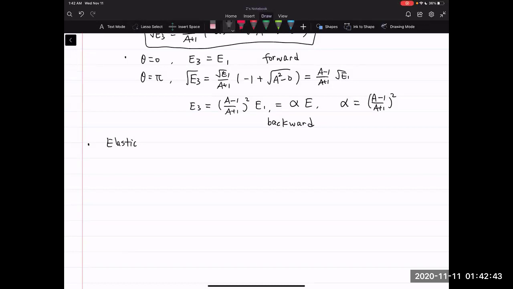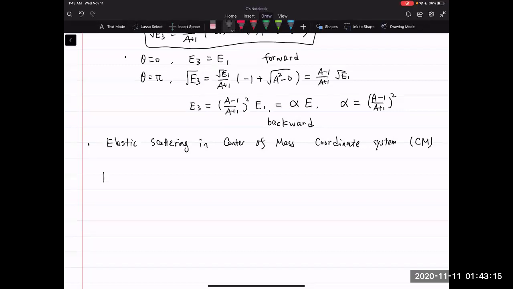It turns out it's easier to consider the elastic scattering in the center of mass coordinate system. Let's call it CM, and the lab coordinate system we call L. So how do we do the conversion?